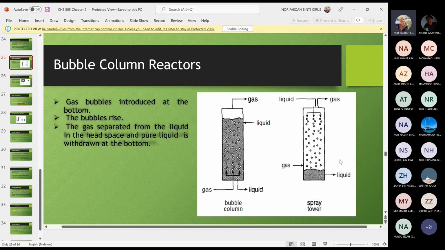So when the reaction occurs, sepanjang ni, from the first drop at the top until the bottom, the reaction will occur. So maksudnya bila dia dah accumulate at the bottom of vessel pun reaction can occur because the column consists of gas. Okay, we fill the column with gas before we introduce the liquid.